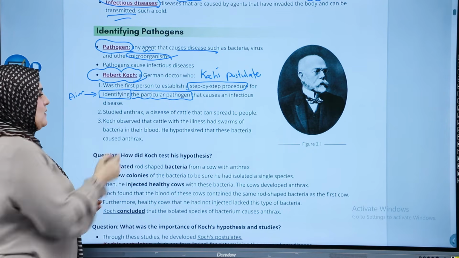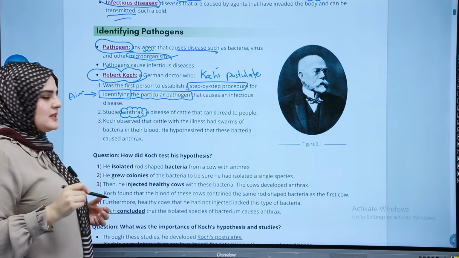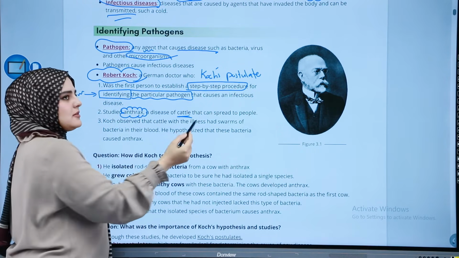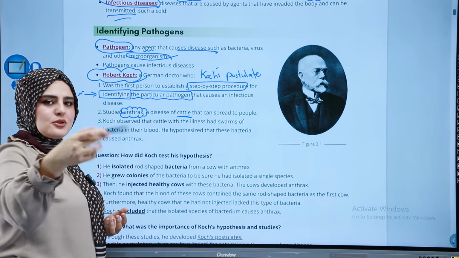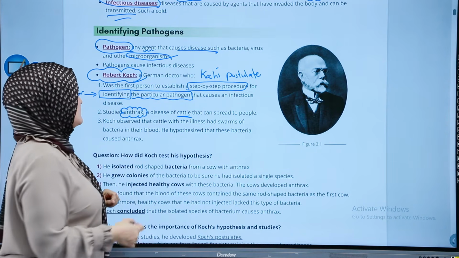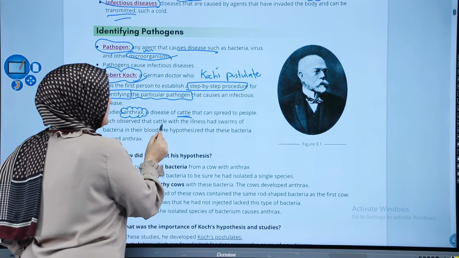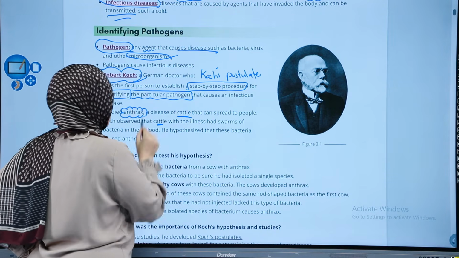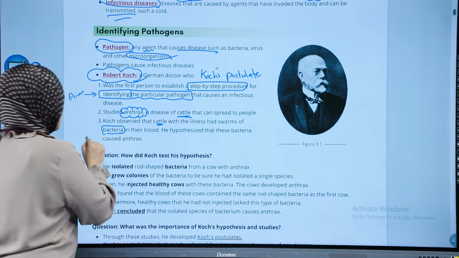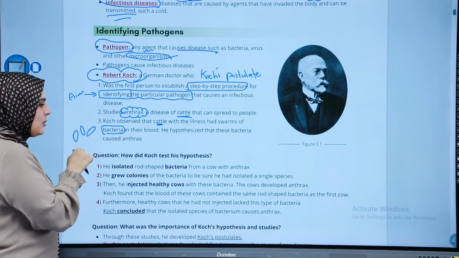Especially, he was studying anthrax at that time. It's a type of infectious disease. He showed that we get it from cattle. Cattle means cows, sheep, those types that are kept on the farm. It spreads to people. He saw that these sick cattle had swarms of a rod-shaped bacteria in their blood.